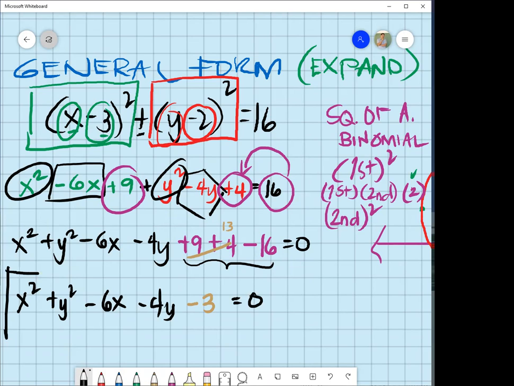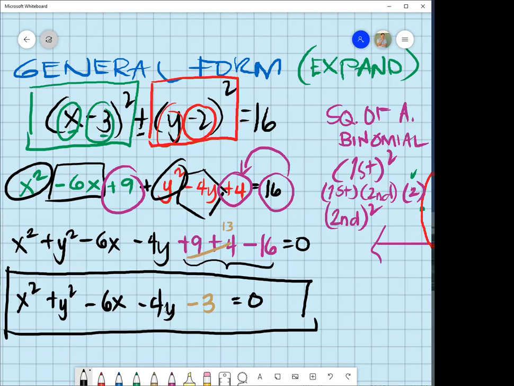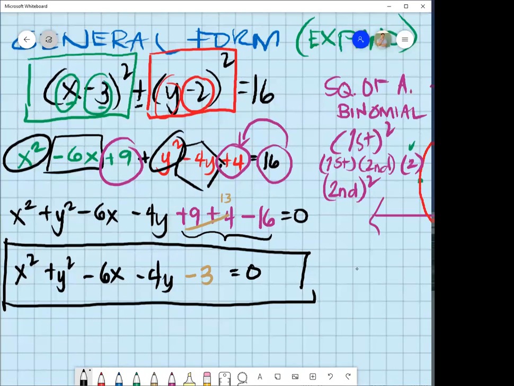And that is the general form of our equation. Got it? Show me a reaction if you understood that process. Okay, very good. Okay, one more before we move on to our performance task.